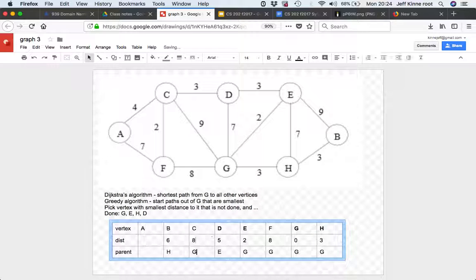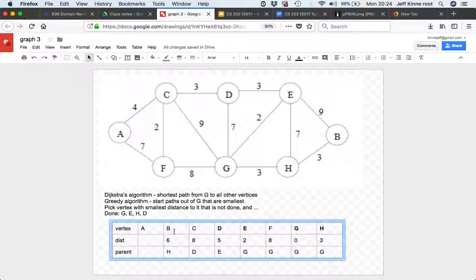We're going to update C to be a distance of 8. Looking back to E, we're already done, and G, we're already done, so that'll be it for looking at D's neighbors. Now we have F, C, and B.